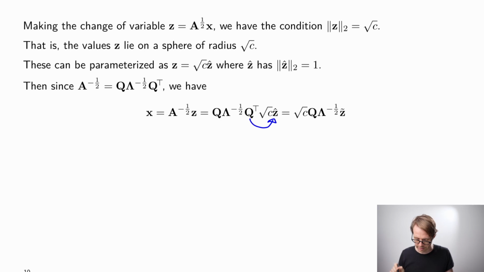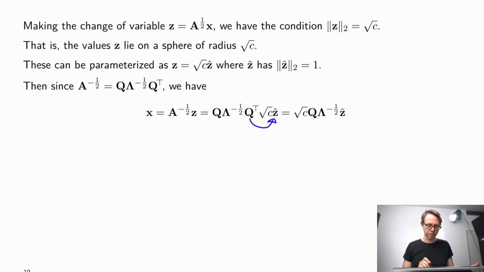So c tilde still has norm 1 because q transpose is an orthogonal matrix, which means that if we multiply a vector, we're only rotating this vector, but we're not changing the length of this vector. So it still has unit norm.